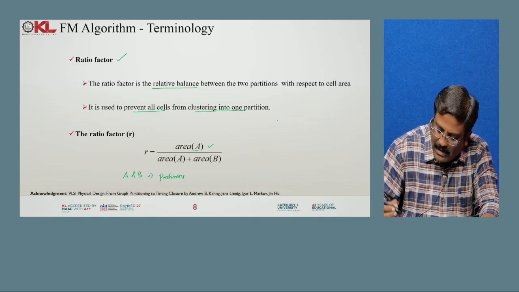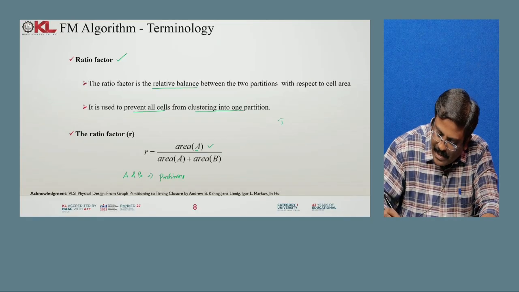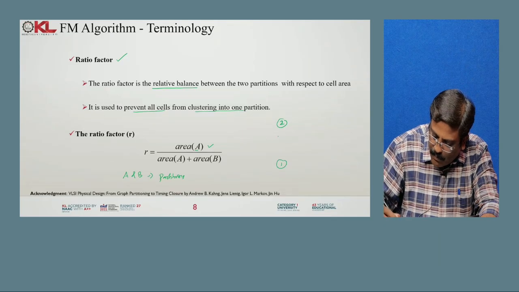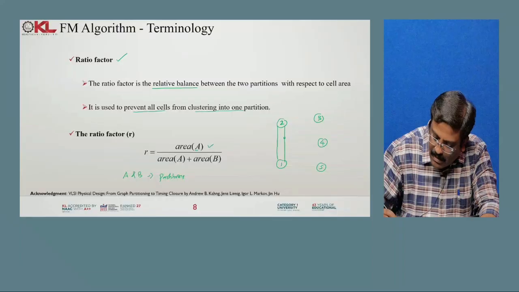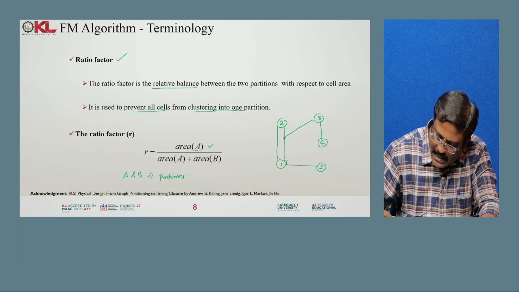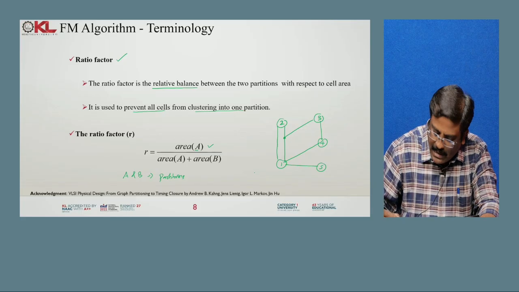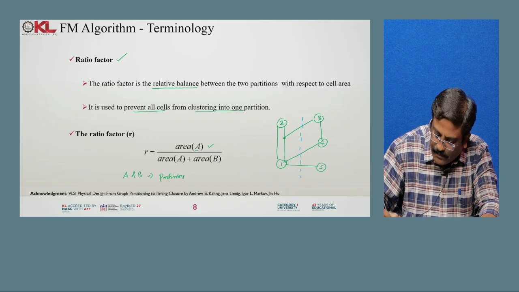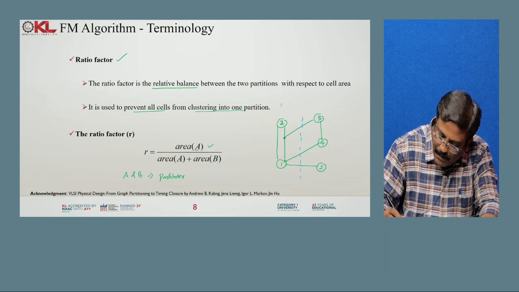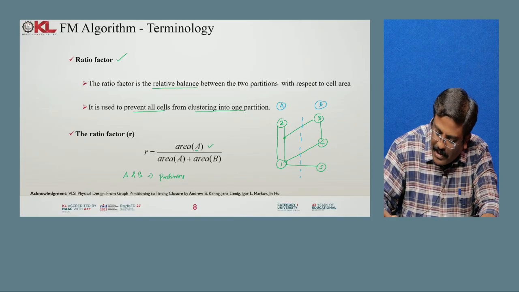Let's say, for example, the graph we have considered so far: cell 1, cell 2, then cells 3, 4 and 5. These have a hyperedge, and from here we have connectivity. This is the cell hypergraph we are considering for the discussion, right? So I can say that this is my partition A and this is my partition B.